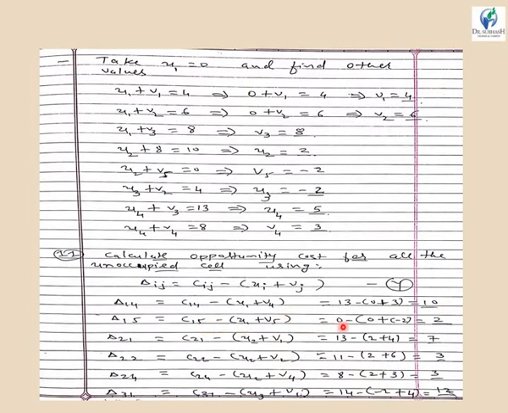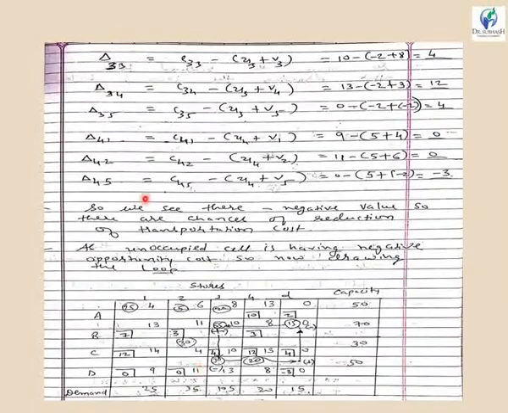C15, that is 0, minus u1, which you had assumed 0, and v5's value was minus 2. So 0 minus 2 gives plus 2. Similarly, all the unoccupied cells' opportunity costs are calculated in the same way, where you substitute the values of ui and vj. Moving to the next slide.